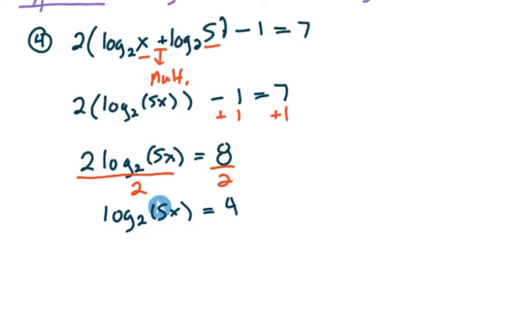So now here, once we get to a log equals a number, or log equals a single term, we can go ahead and write this in exponential form. So the opposite form of what we just did.